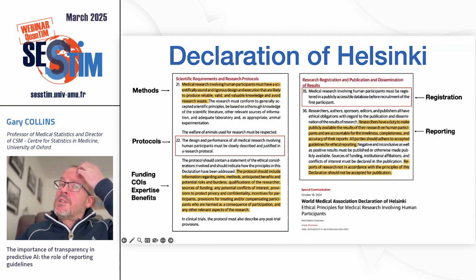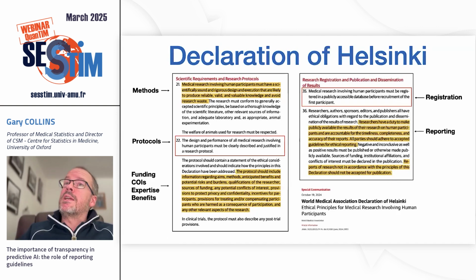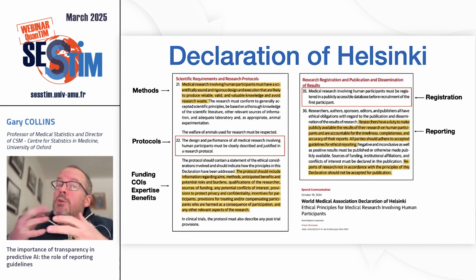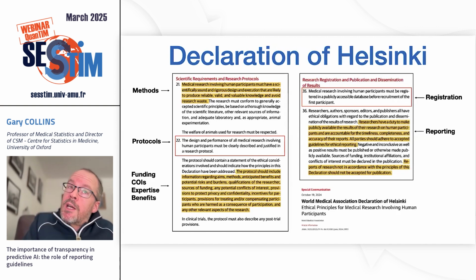Back early this year, the Declaration of Helsinki was updated. So these are ethical principles about doing research on humans. They also recognize the importance of doing research that has strong methods, that is protocol driven. So not just clinical trials, but research in general should be protocol driven. We should declare conflicts of interest, our funding, expertise.